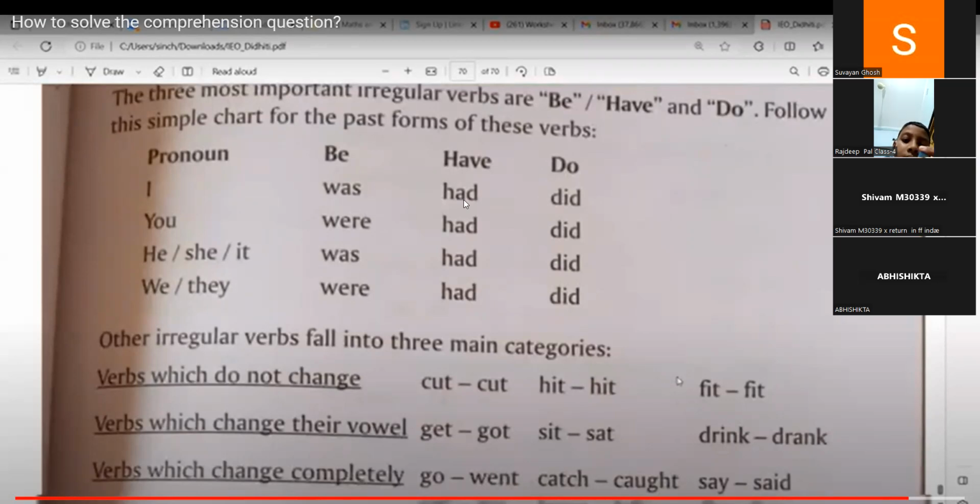Very good, excellent. Okay, Shivam, make an example with I and had. I had a bunch of dollars, but he thought that I am a very rich person, but it was wrong.